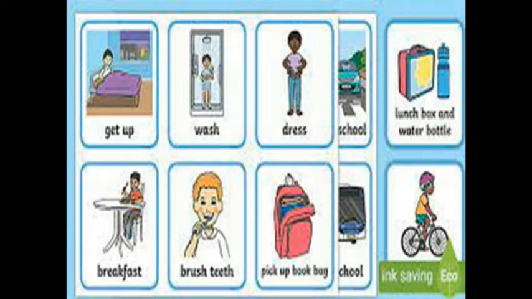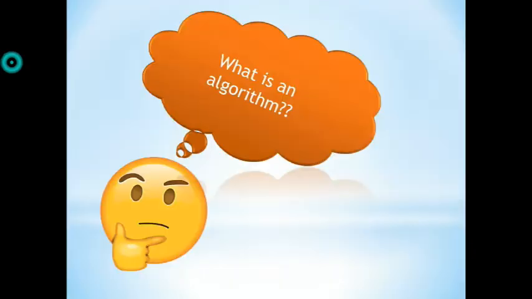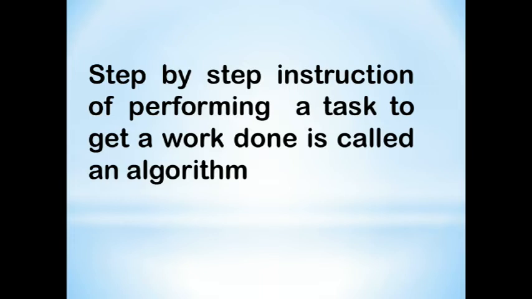So, writing these instructions in simple English is called an algorithm. So what is an algorithm? Step-by-step instruction of performing a task to get a work done is called an algorithm.